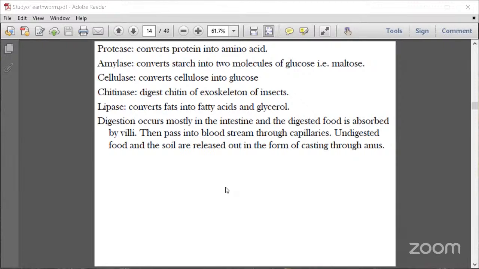Chitinase digests the chitin of the exoskeleton of insects. Lipase converts the fats into fatty acids and glycerol.